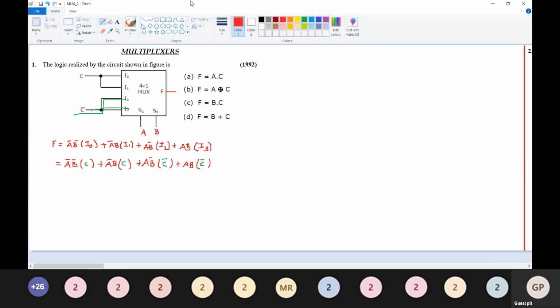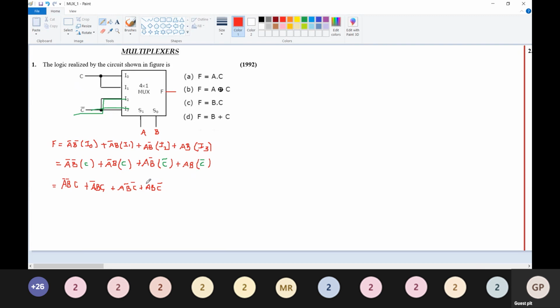Now this can be further written as A dash B dash C plus A dash BC plus A B dash C dash plus A B C dash.